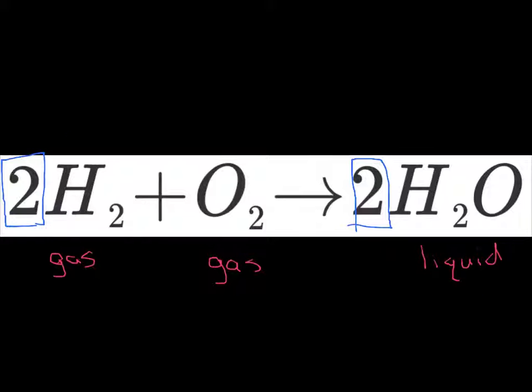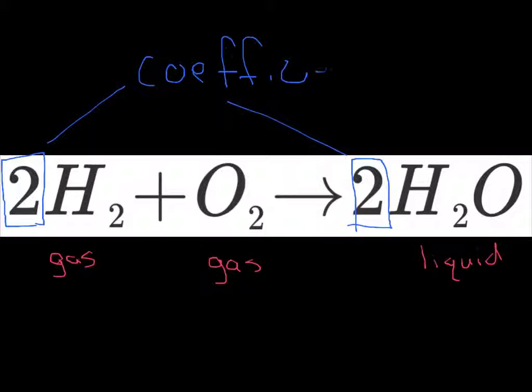These coefficients tell us the number of molecules we need for the reaction to occur. So we need 2 molecules of H2, 1 molecule of O2, and that produces 2 molecules of H2O.